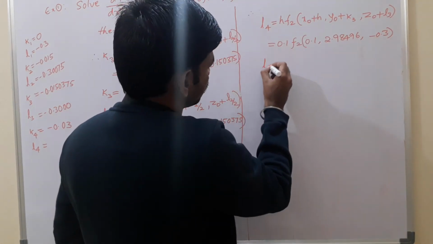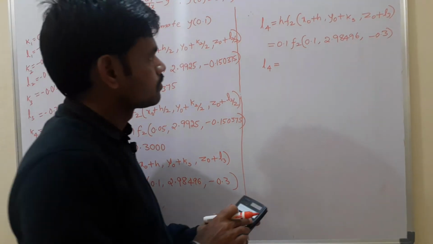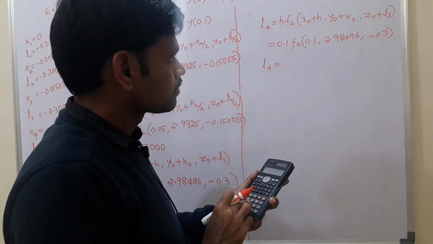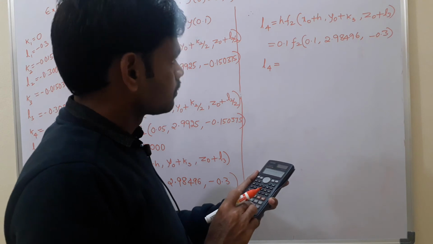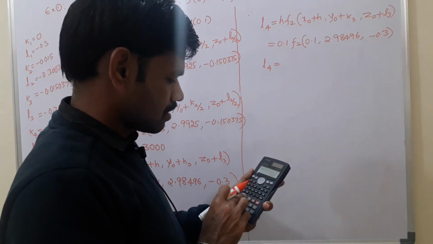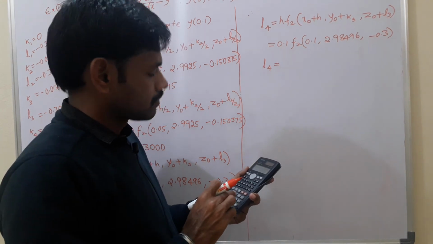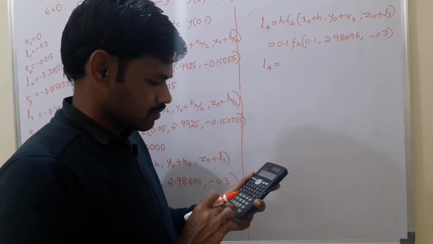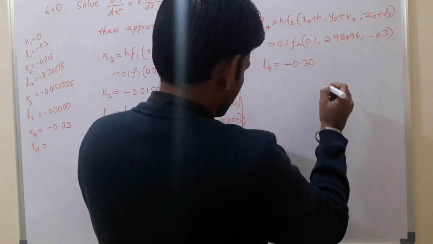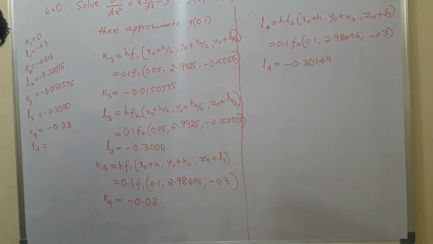So L4 equal to xz minus y, that is 0.1 into minus 0.3 minus 2.98496, into 0.1, we get minus 0.30149.